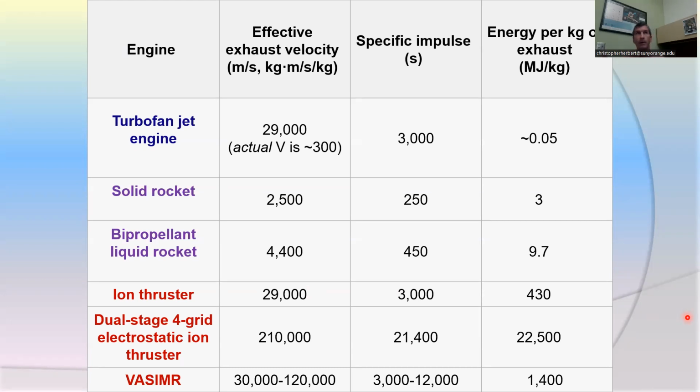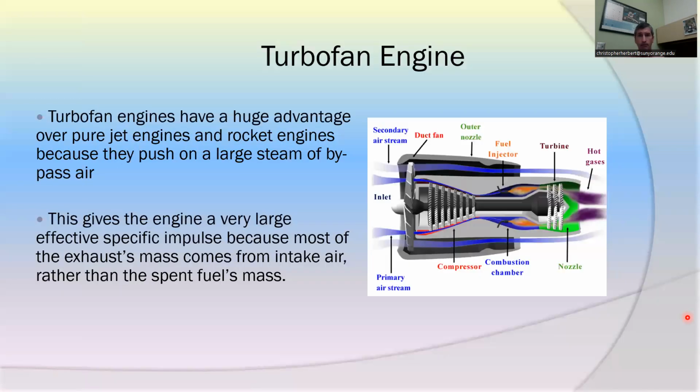But again, remember, we're stuck with having to go through the atmosphere. We're stuck with the fact that we have to get out of the Earth's gravitational well, so chemical rockets provide a large thrust, and they also can operate in the atmosphere, where ion engines cannot.